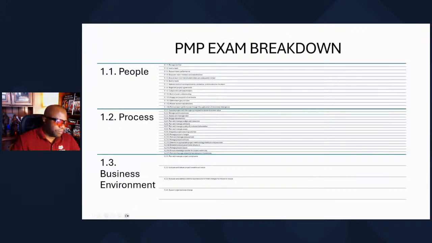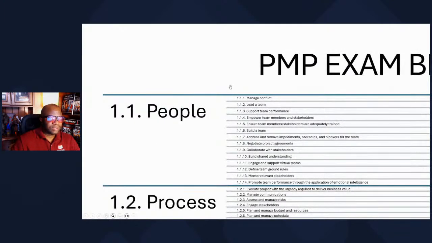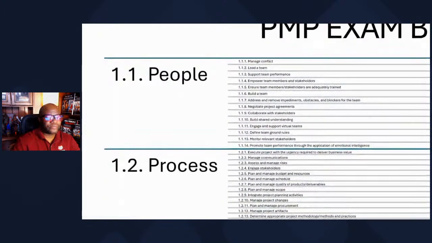If we get to PMP in the people domain, as you can see here, there are 14 things that you need to be able to speak to, need to feel comfortable doing, and need to be knowledgeable in. We have manage conflict, lead a team, support team performance, empower team members and stakeholders, so on and so forth.